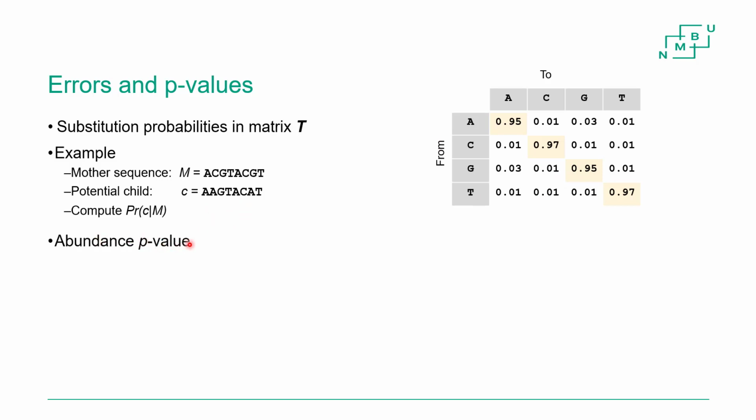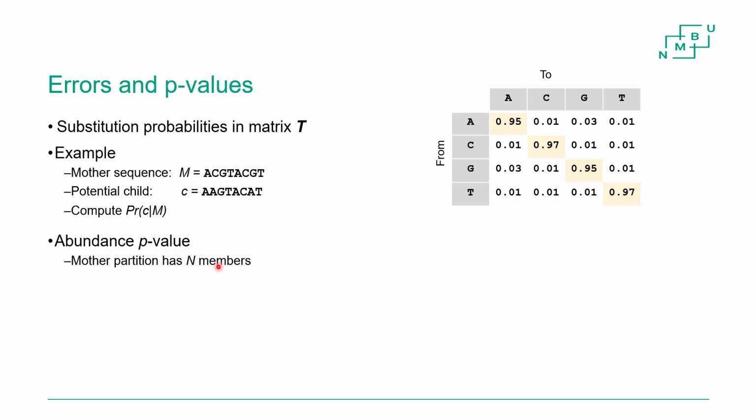Now, what is what we call the abundance p-value in this setting? First of all, the mother partition has capital N members. That means the copy number of the mother plus all its children. And remember, we start out with one single group with a sort of super mother for all the other reads. So this is really a big number in the first round, but it becomes smaller and smaller as the number of groups increases, because then it's the size of each group.